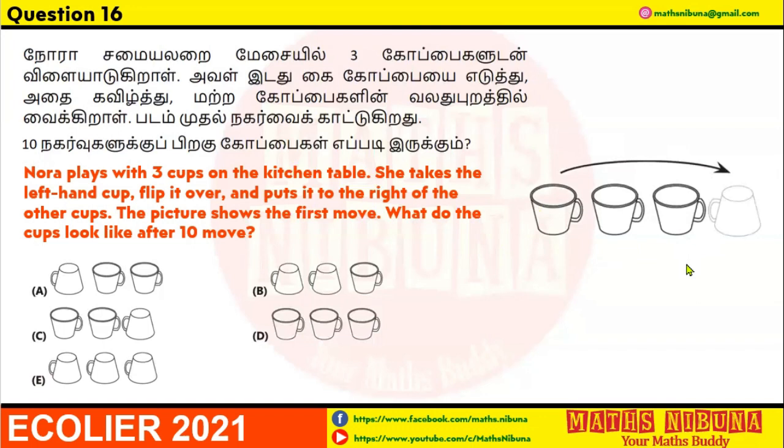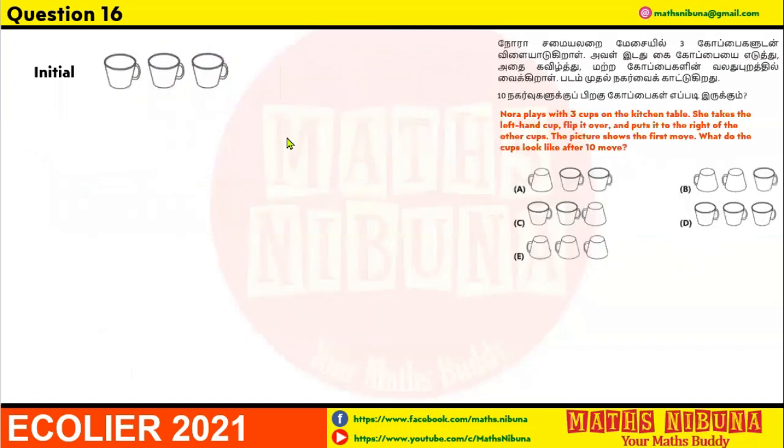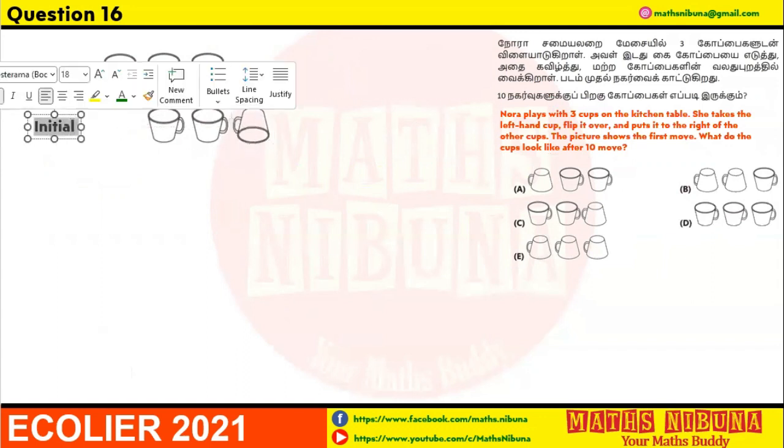Let's say this is our initial position, with 3 cups. At the first move, we take this cup, put it at the rightmost and flip it upside down. This is our move number 1.